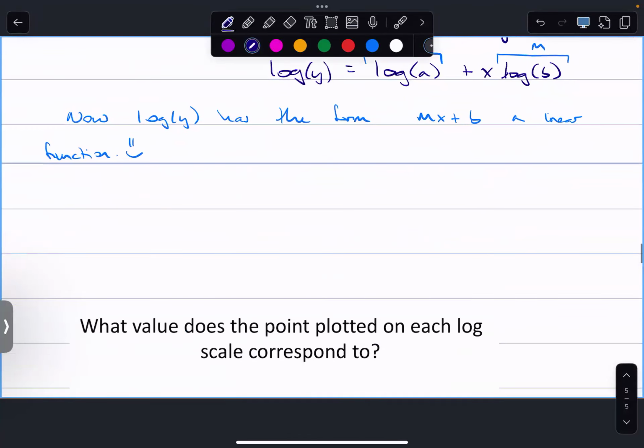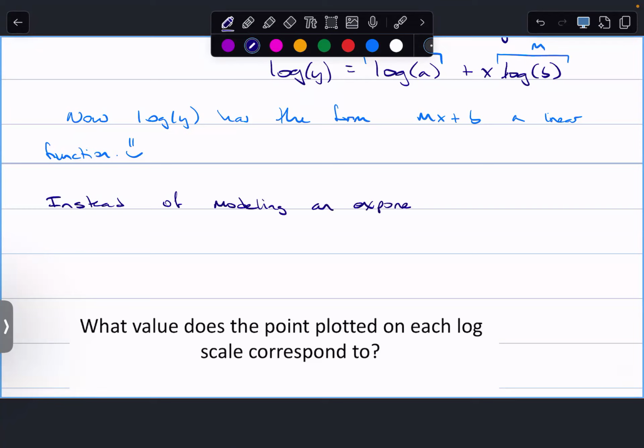I do want to say that instead of modeling an exponential relationship, sometimes, I would argue even often, but I'll say sometimes, modeling a linear relationship is going to be easier.